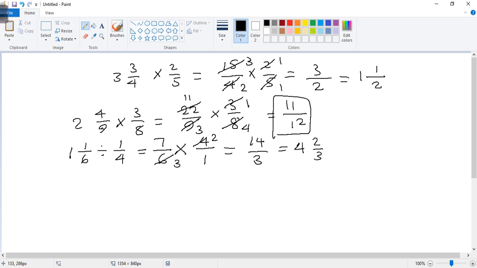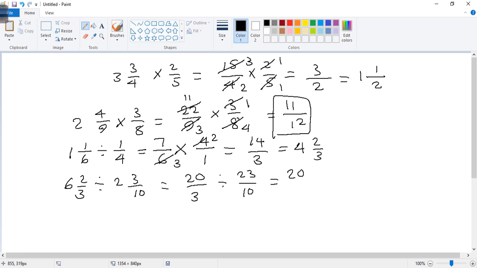Let's take another question. 6 and 2 over 3 divided by 2 and 3 over 10. Change both of them to improper fractions. 6 times 3, 18, plus 2, it will be 20 over 3, divided by 10 times 2, 20, plus 3, it will be 23 over 10.